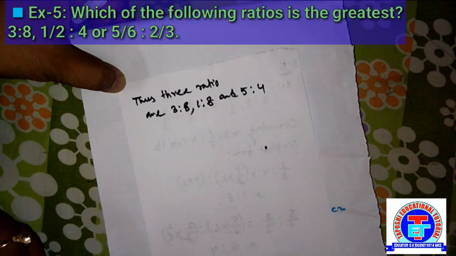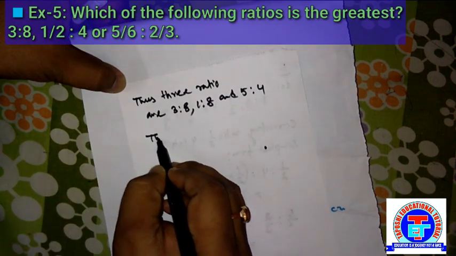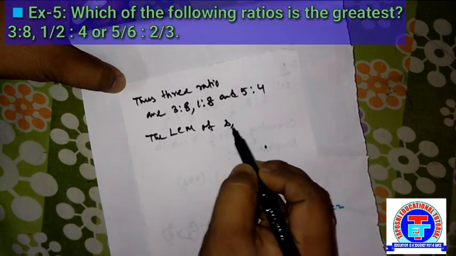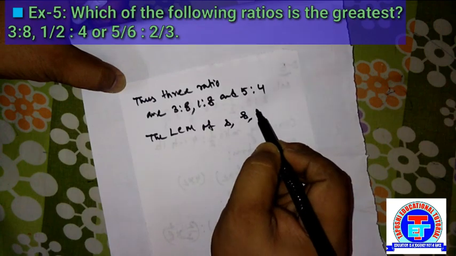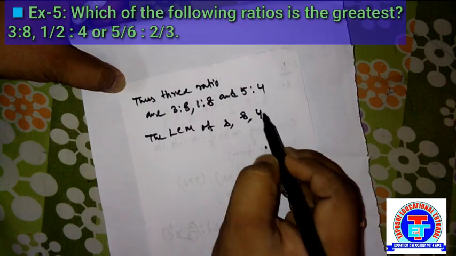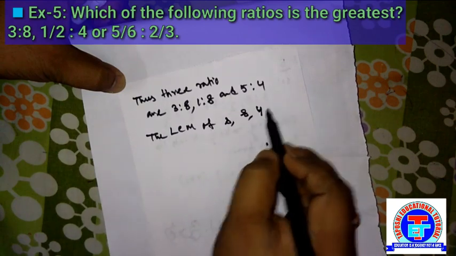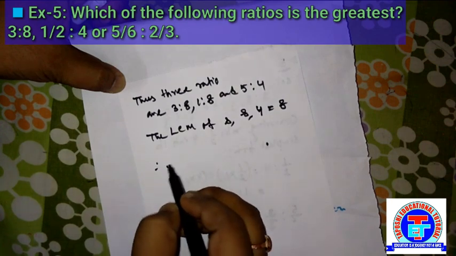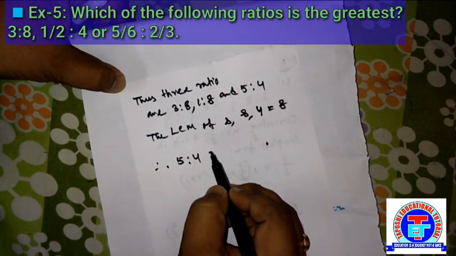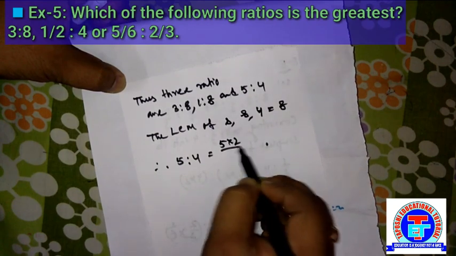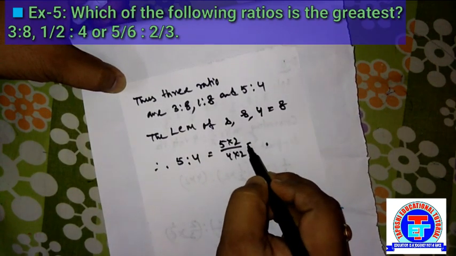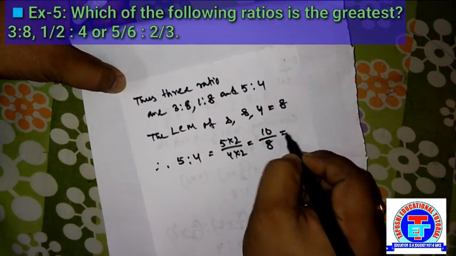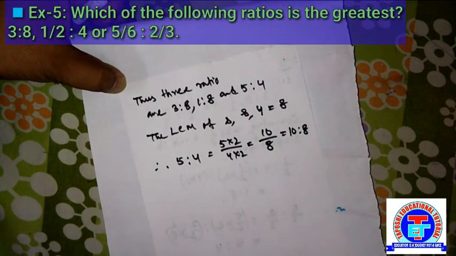Now find out the LCM of 8 and 4. That means it will come 8, right. Now therefore 5 is to 4, we can write 5 into 2 by 4 into 2, that means 10 by 8. That means 10 is to 8, okay.